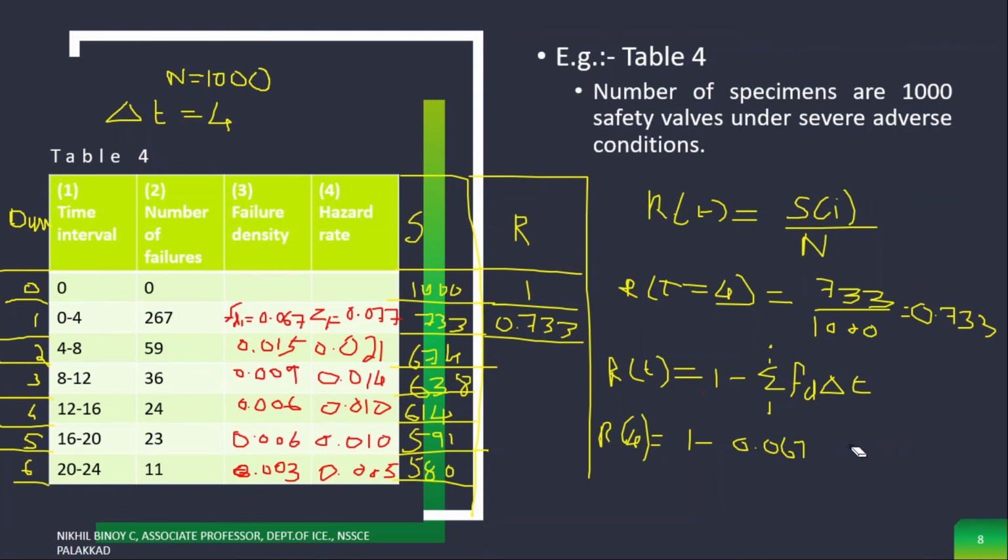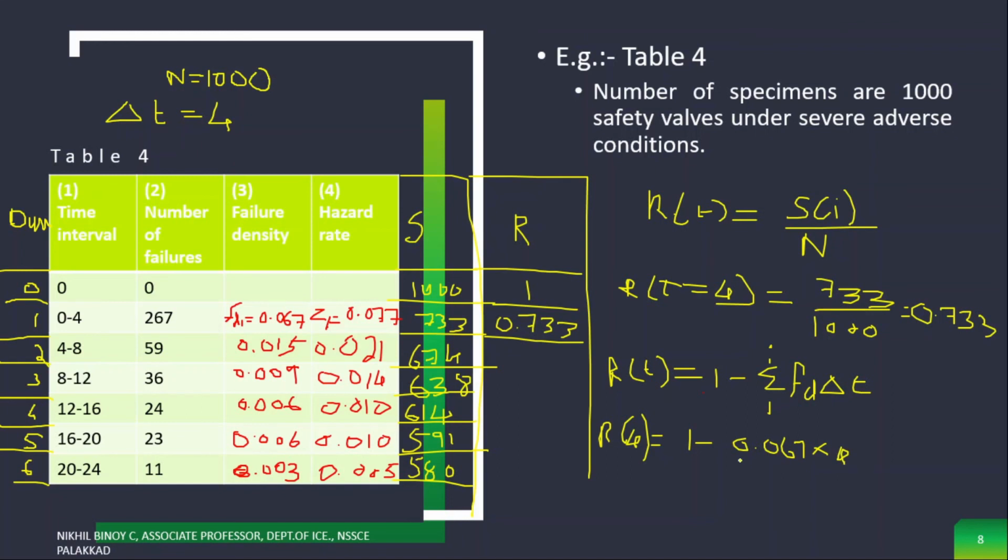So if delta t is not equal to 1, then R of t equals 1 minus sigma 1 to I FD into delta t. That is, R of 4, after the first duration, is equal to 1 minus 0.067 into 4.